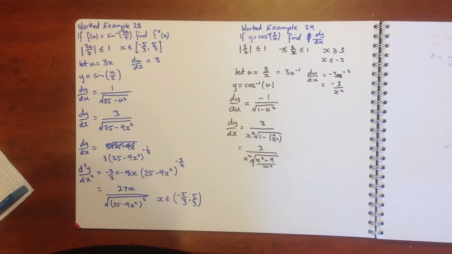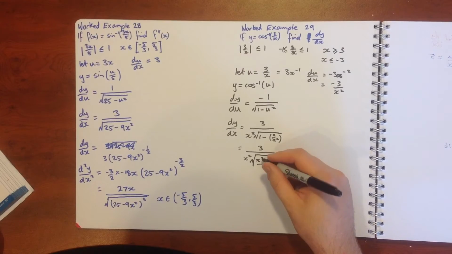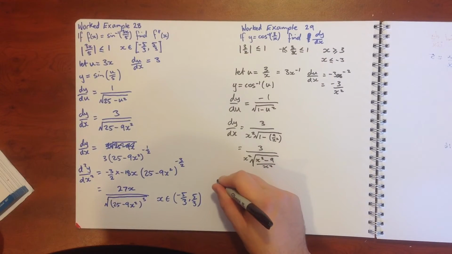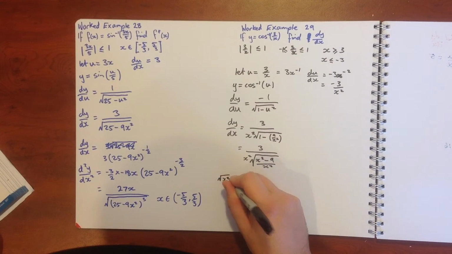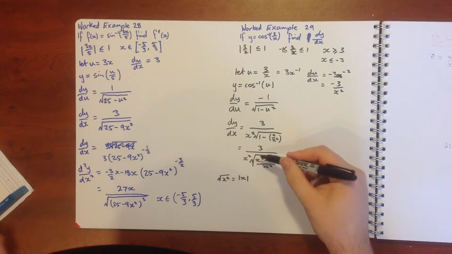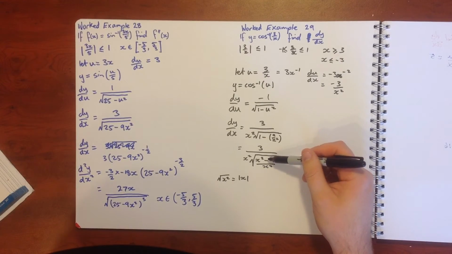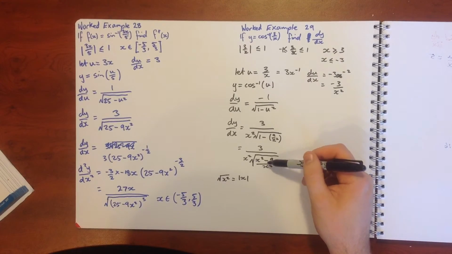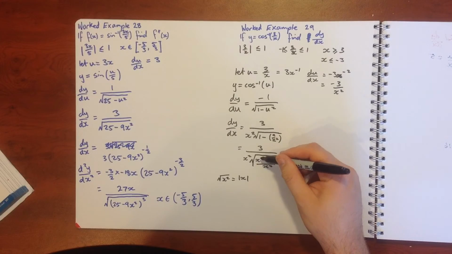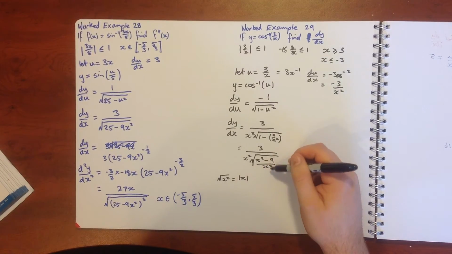Now they do a little bit of a funny step here and say, well, the square root of x squared is equal to the modulus of x. Okay. So what they do is they split this up and make it the square root of x squared minus 9 over the square root of x squared, which is the modulus of x.